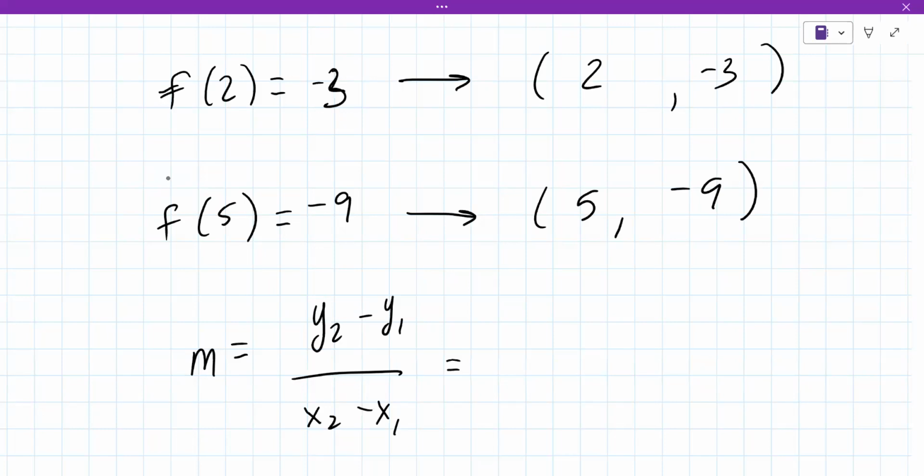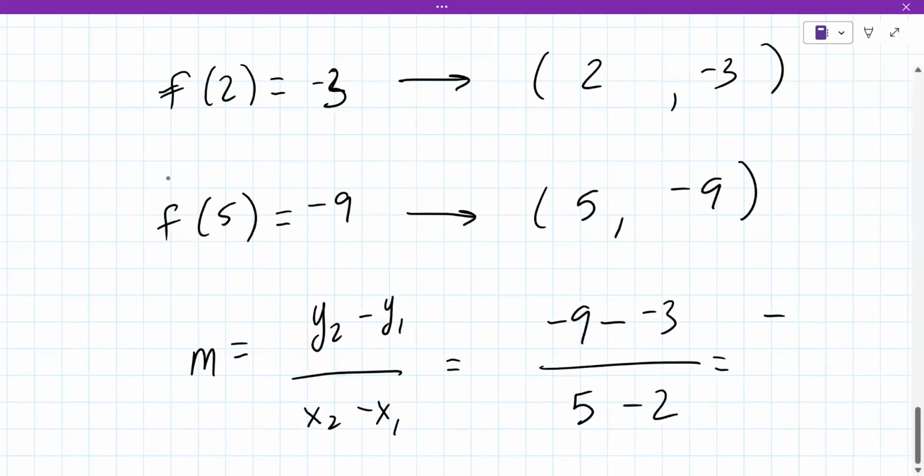And then would it be -6? -6 over -3. -9 minus -3 over 5 minus 2. So really close. Oh, I mixed it up. I did -3 minus -9, 2 minus 5. So what is the slope? -2. Yes.